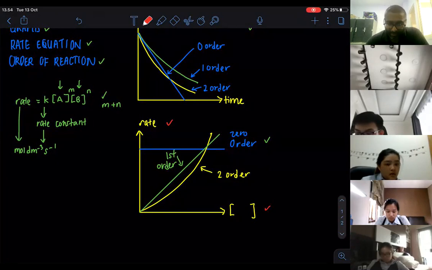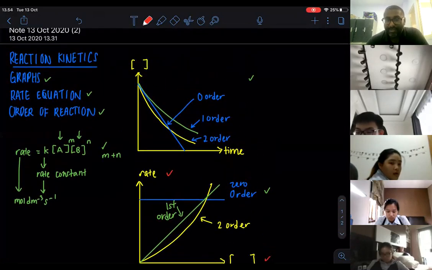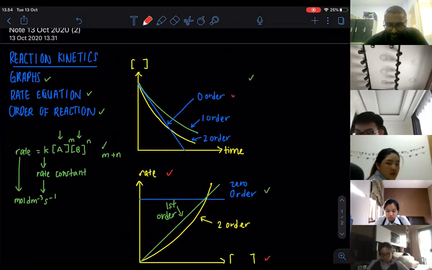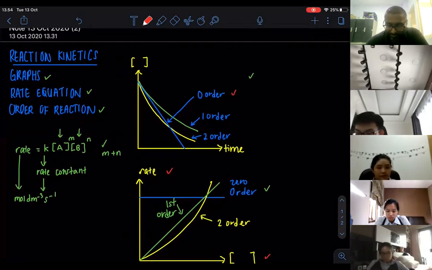But when it comes to concentration against time, you can only differentiate zero order because zero order is going to be a straight line. It's very difficult to differentiate first order and second order because both of them are going to be a curve. So take note of this.